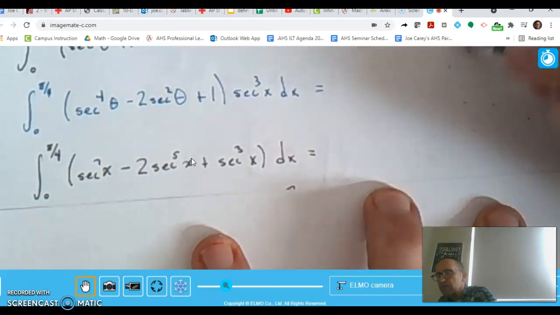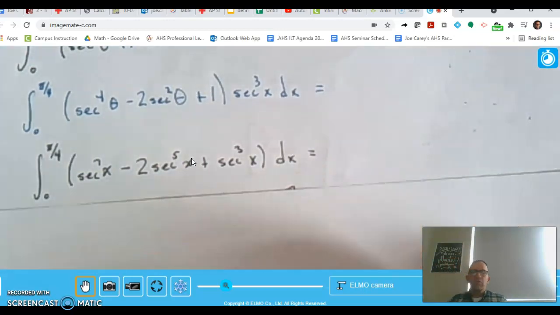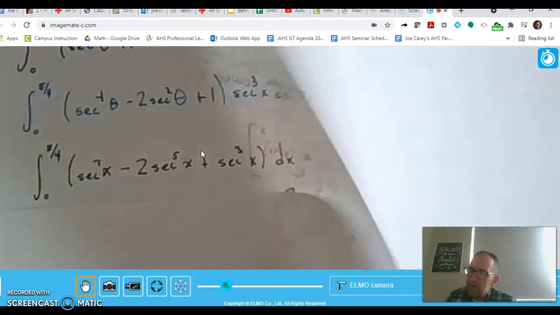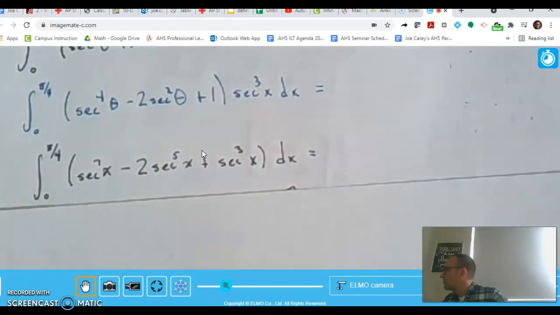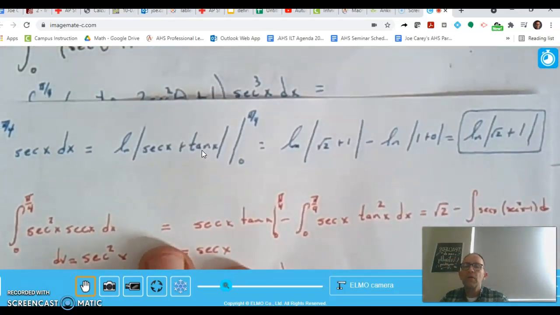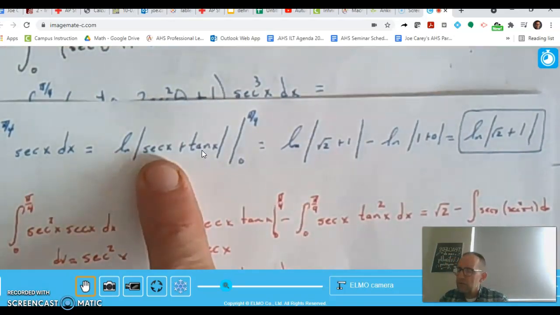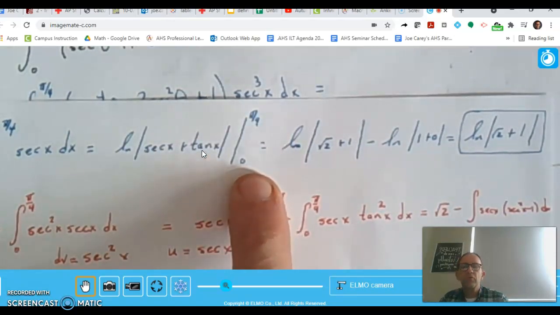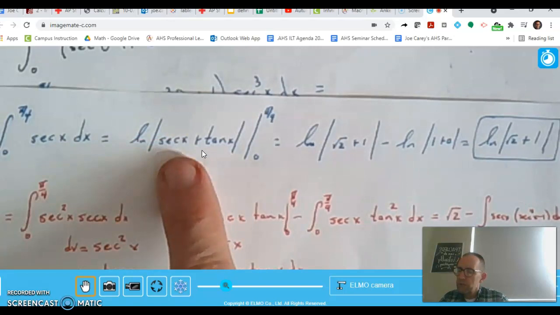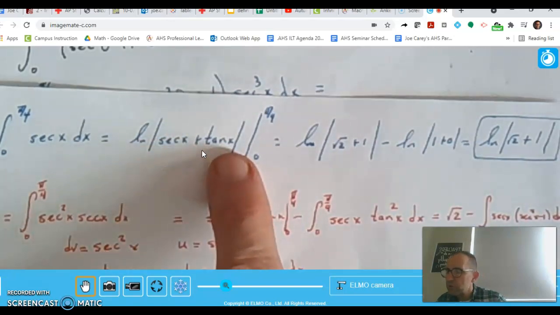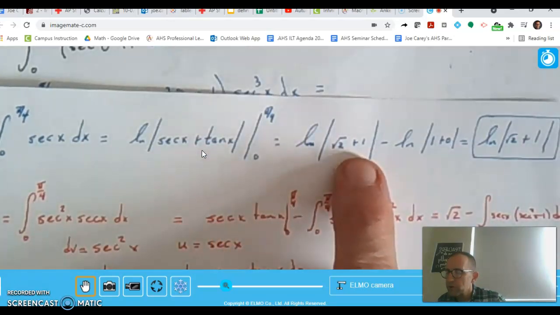We know that the integral of secant is the natural log of the absolute value of the secant of x plus the tangent of x between pi over 4 and 0. When we plug in pi over 4, the secant of pi over 4 is square root 2, tangent of pi over 4 is 1.